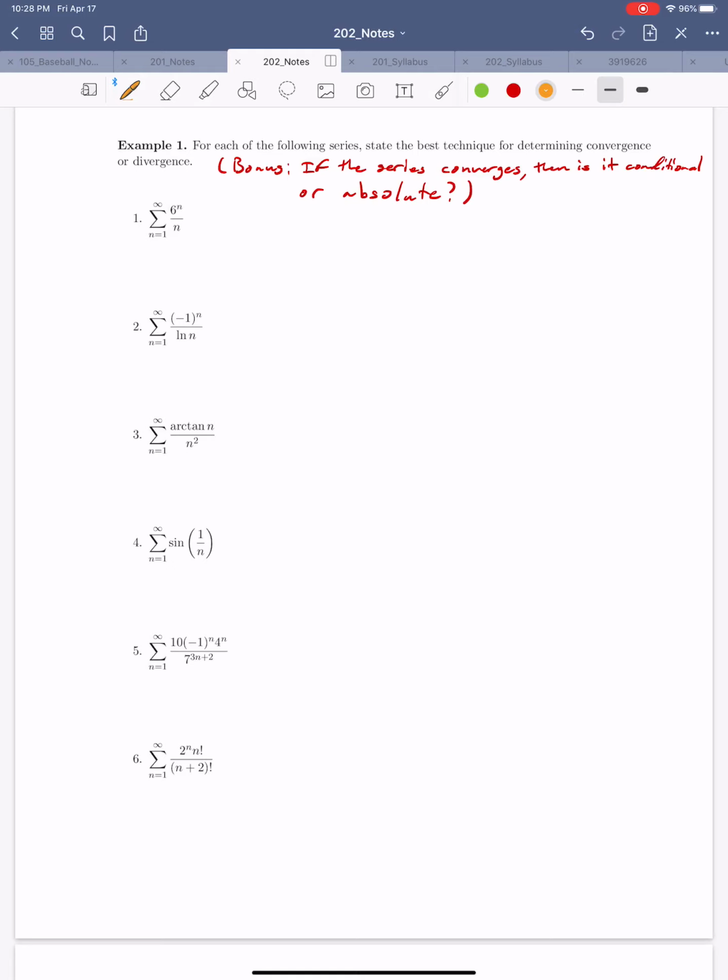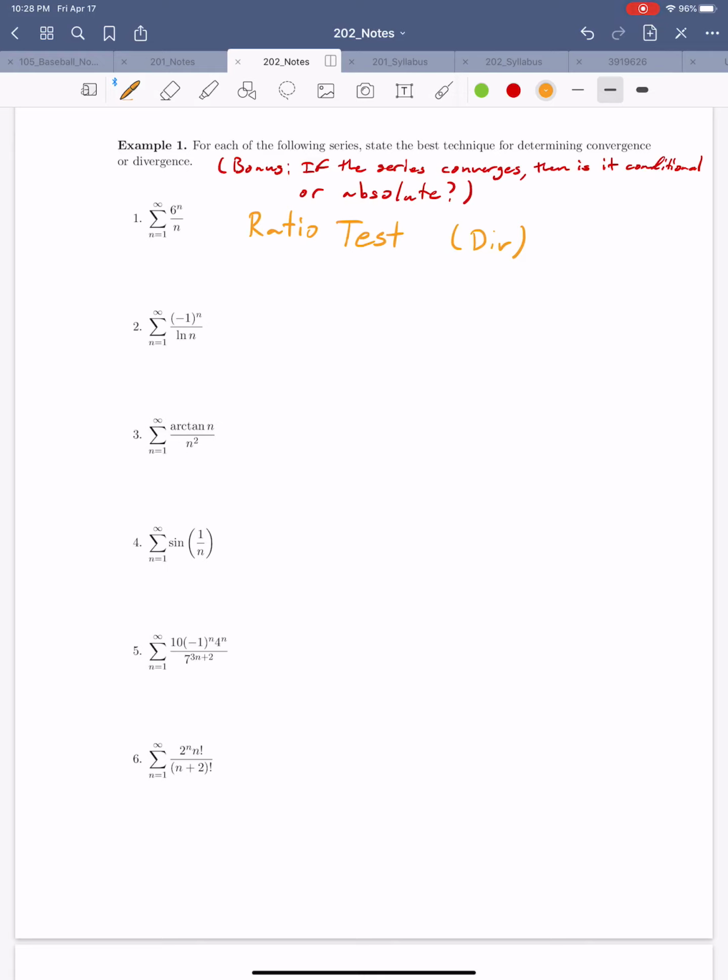Well, for number 1, you see an exponential with a polynomial. That's a green light for the ratio test. And I think with some intuition, you should notice that 6 to the n grows much, much quicker than n. So it should diverge.